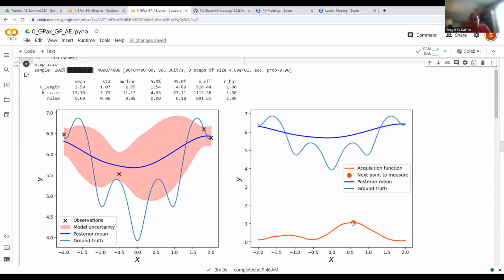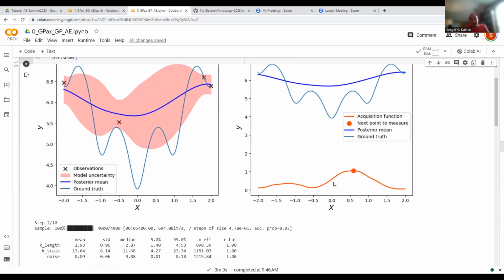So let's do that. This uncertainty in this case is represented by the acquisition function. We'll talk in more detail about what it is and why it is called the acquisition function in the first place. The acquisition function is essentially the equivalent of human decision making. You always make a decision at the maximum of the acquisition function. In this case, the maximum corresponds to this location. So we perform the measurement here.